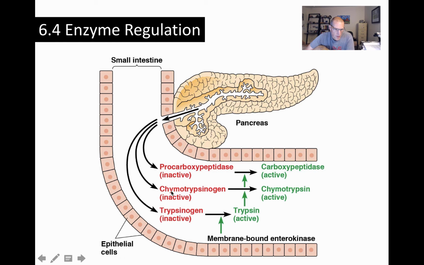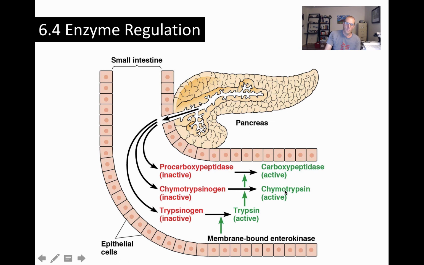So we've got trypsinogen, chymotrypsinogen, and pro-carboxypeptidase here, and the epithelial cells produce what's called membrane-bound enterokinase, and that can stimulate the conversion of trypsinogen to trypsin. Then the trypsin acts on chymotrypsinogen to produce chymotrypsin, and then the chymotrypsin cleaves pro-carboxypeptidase to produce carboxypeptidase.